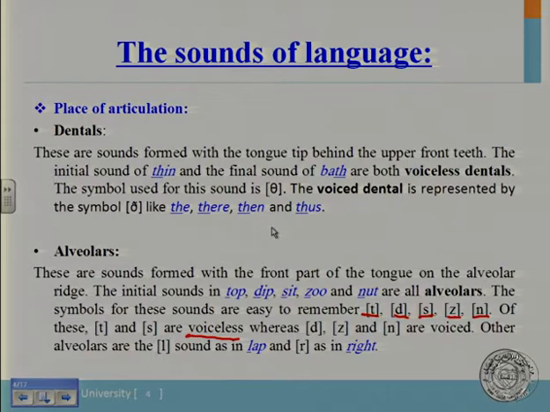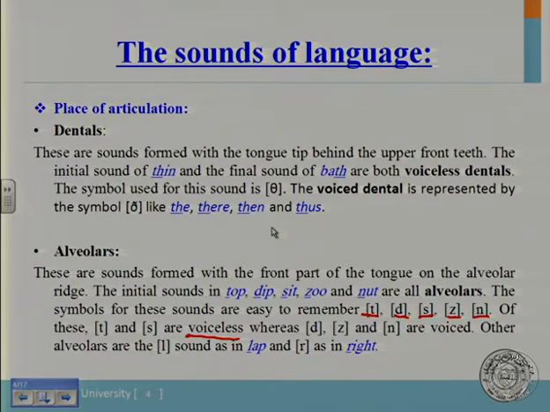For example, d is called a plosive sound because when you pronounce d, you feel a burst in your mouth. That's why it is called a plosive, and it is a voiced sound.